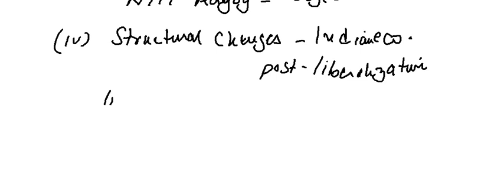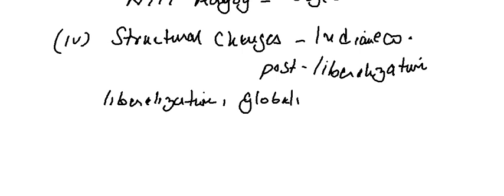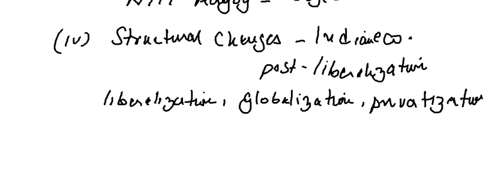So there are 3 key words you have to keep in mind here. First was liberalization. Then the second word is globalization. And third is privatization. So these 3 things we have to know.